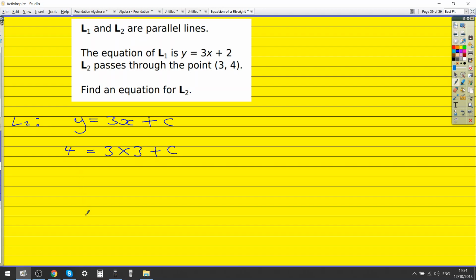So this time they've given you the y, and you have to find the c. Okay, so 3 times 3 is 9. Would I just minus 9 from both sides and then just get minus 5? Yeah.